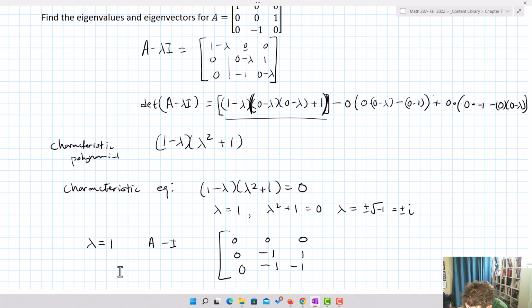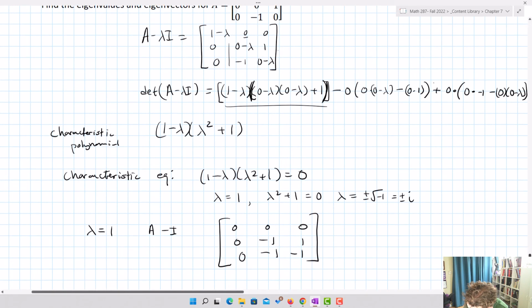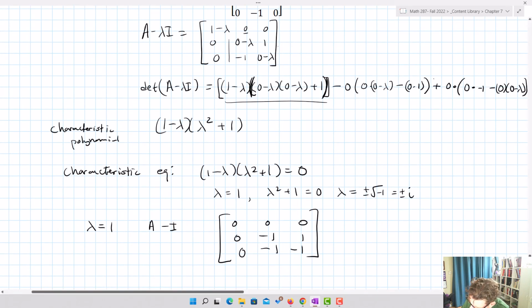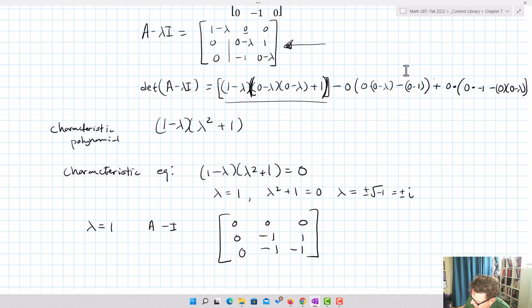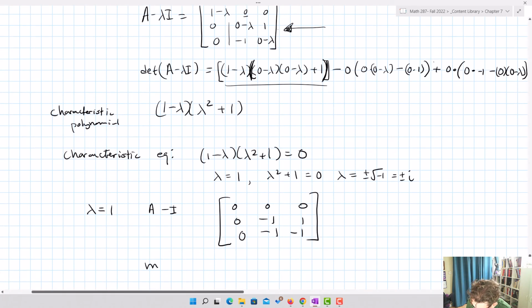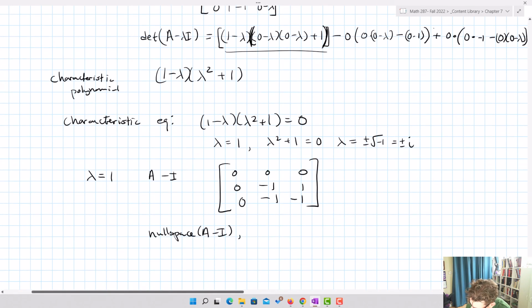All right, and that's just taking A minus lambda I. We'll plug in the 1 in here, subtract 1 from the diagonal. And now what we need to do is find the null space of A minus I. So we'll take the RREF of A minus I.